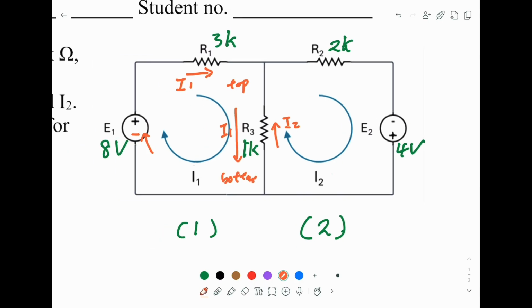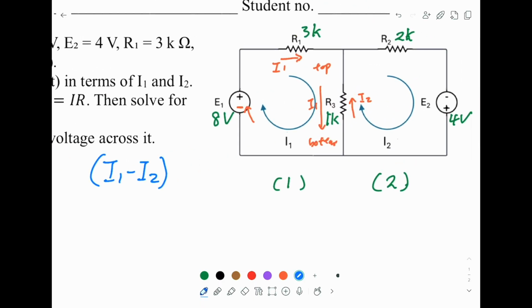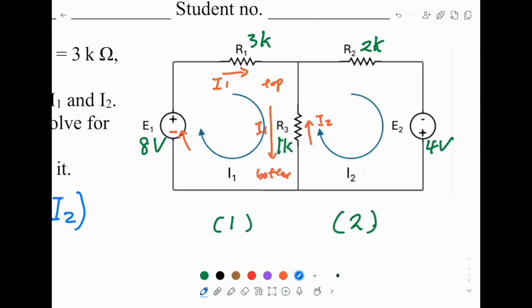So the current passing through R3 is I1 minus I2. Therefore, we keep the direction of the final current from top to bottom.